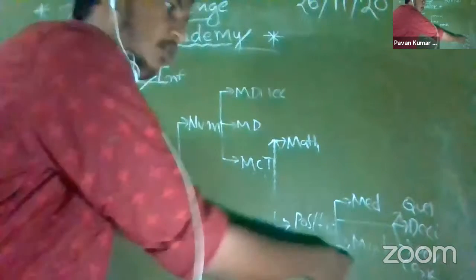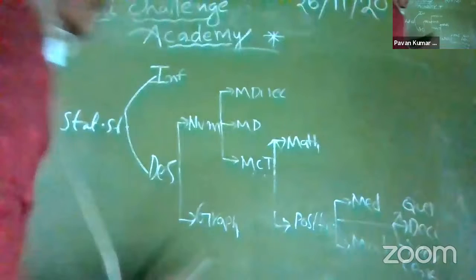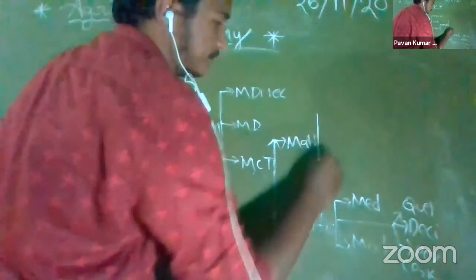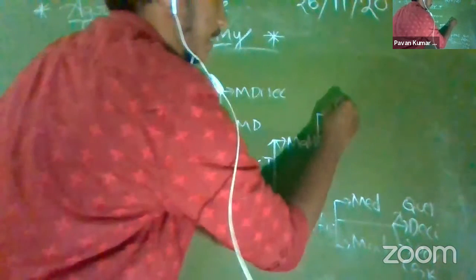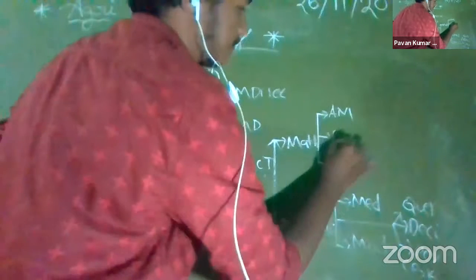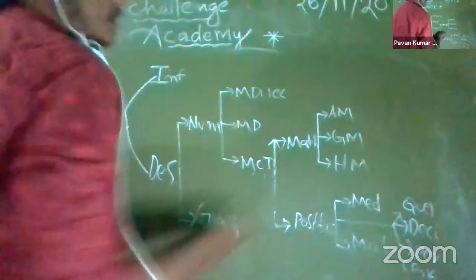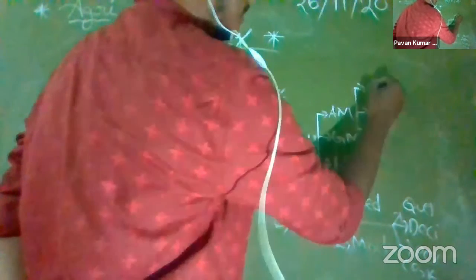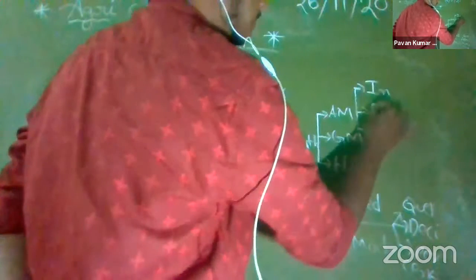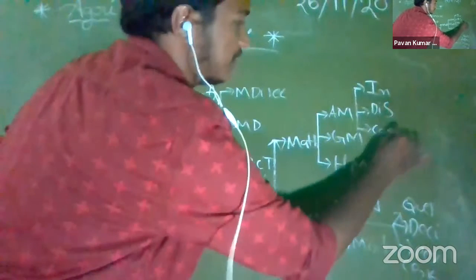Mathematical is divided into three: AM, geometric mean, harmonic mean. Arithmetic mean is calculated for three types of data: individual, discrete, and continuous.